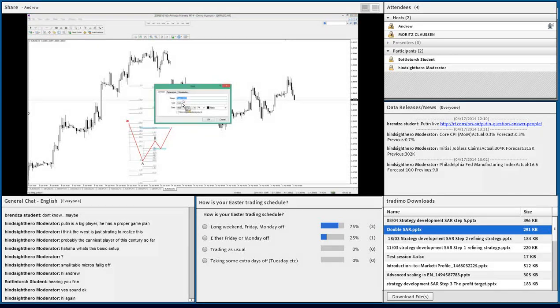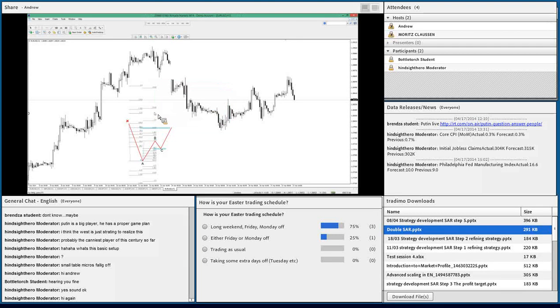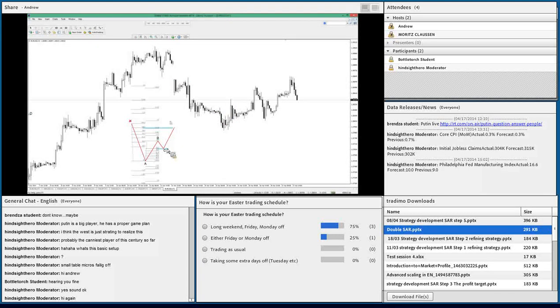So if we label this, we have C here. So it's X, A, B, C, and you're looking to trade the D point. That's the completion point, that's where we're looking to enter. And this is a bearish pattern, so we're looking for price to move down. And as before, if you have a textbook of this or you saw this on the internet, you'd simply be looking at something to this effect here.